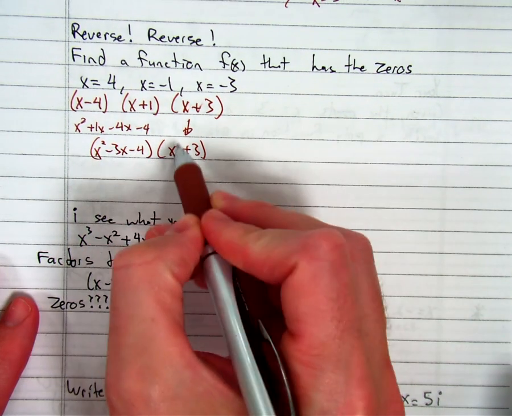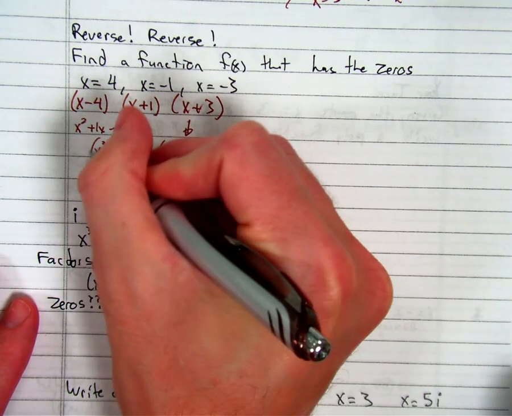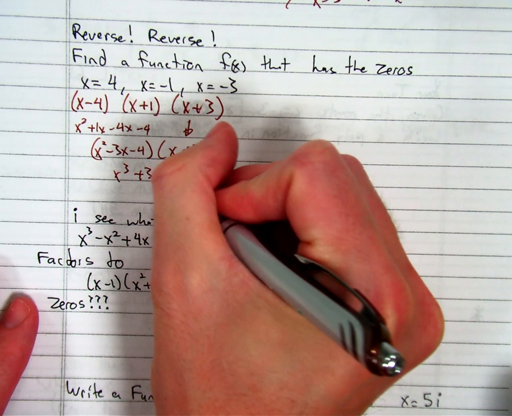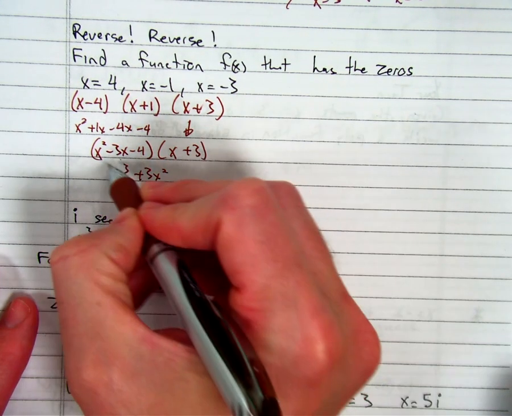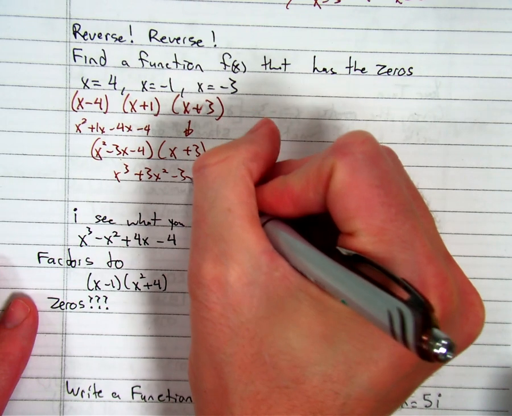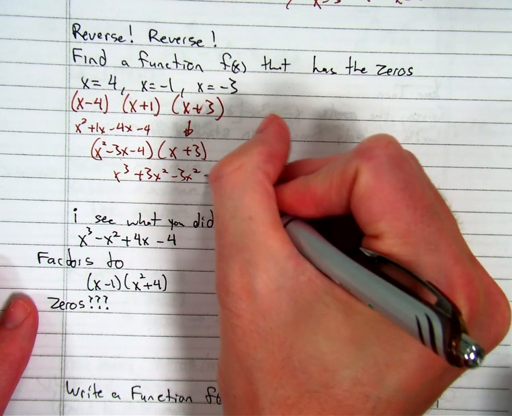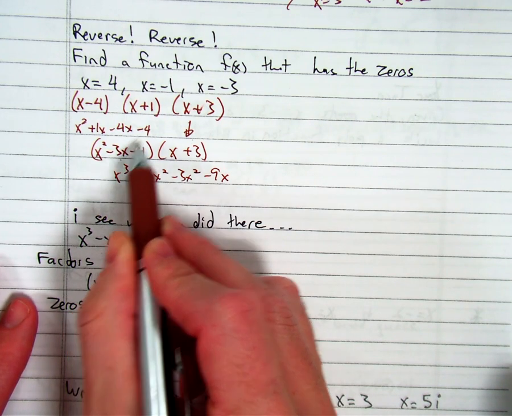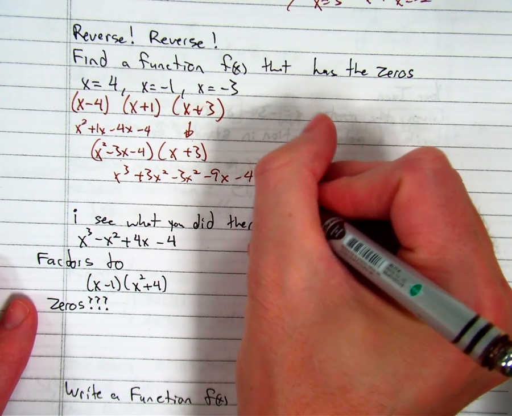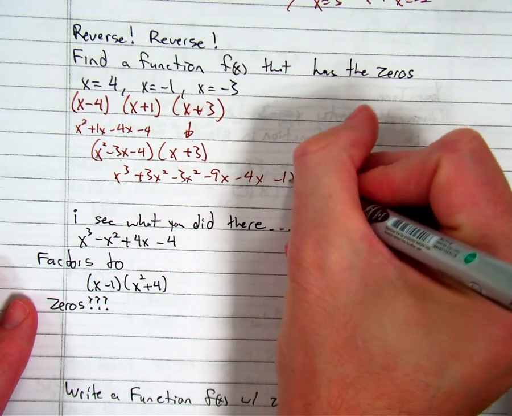Okay, x squared times x, we'll have x to the third plus 3x squared. Okay, now we're taking -3 to both. -3x squared minus 9x. -4 to both, we'll have minus 4x minus 12.